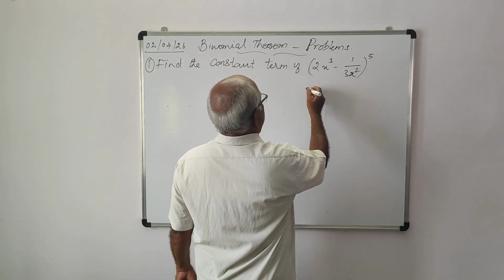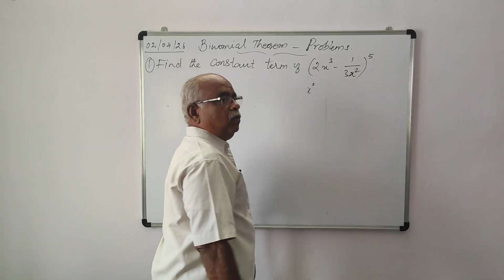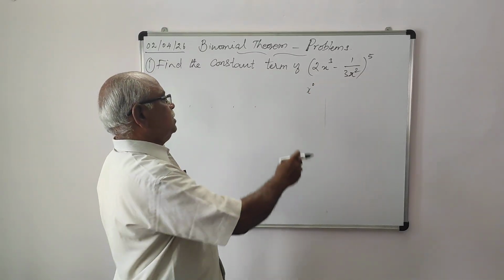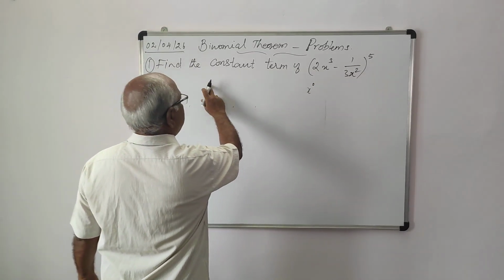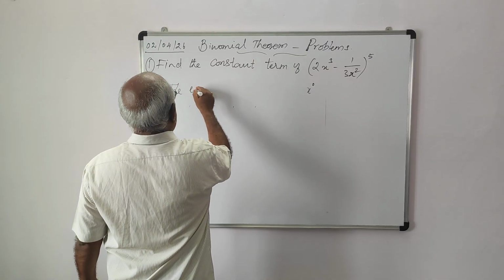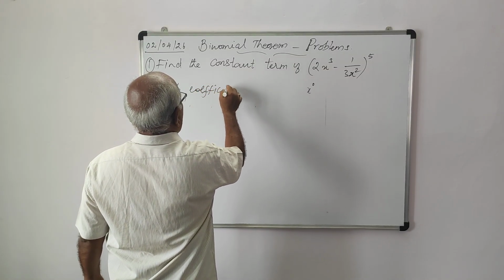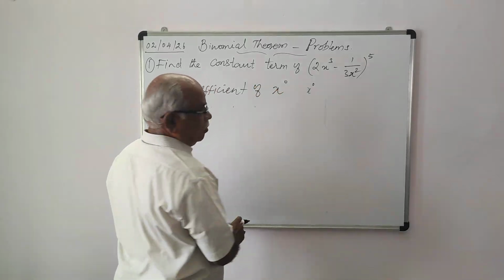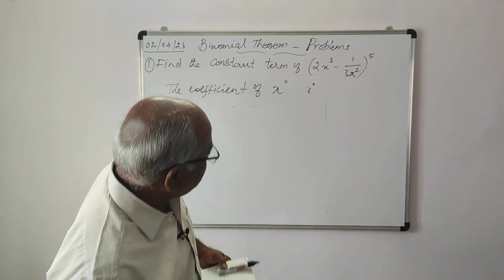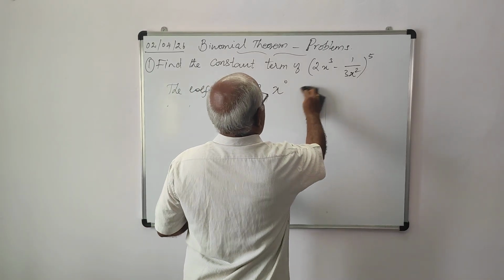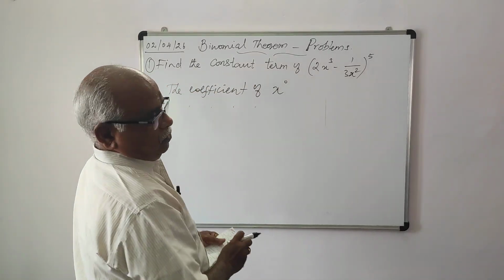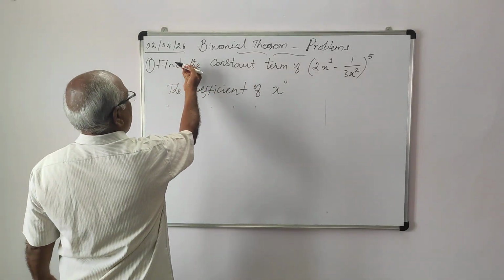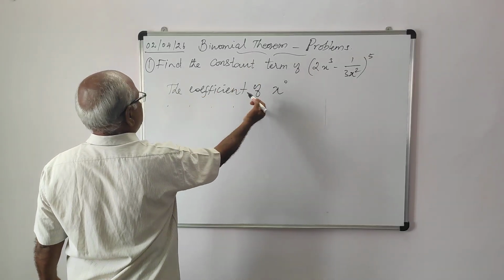That is the coefficient of x power 0. Therefore, constant term means the coefficient of x power 0. You have to find it.